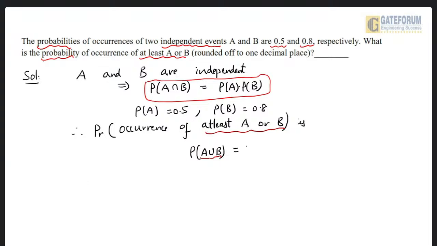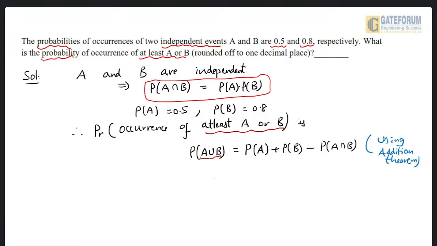So according to the addition theorem of probability, this is P of A plus P of B minus P of A intersection B.